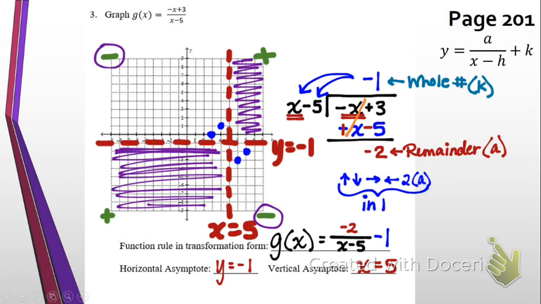It's going to hug right along these asymptotes and go through the points that we drew. Just like that.